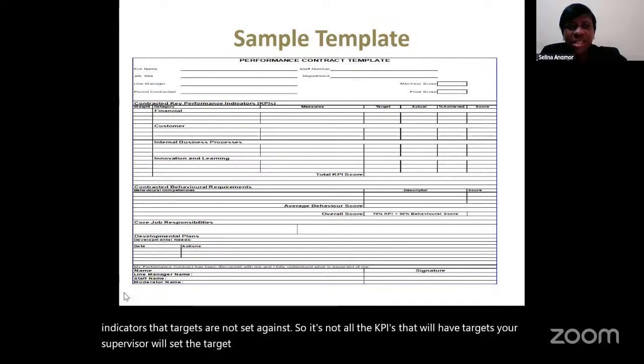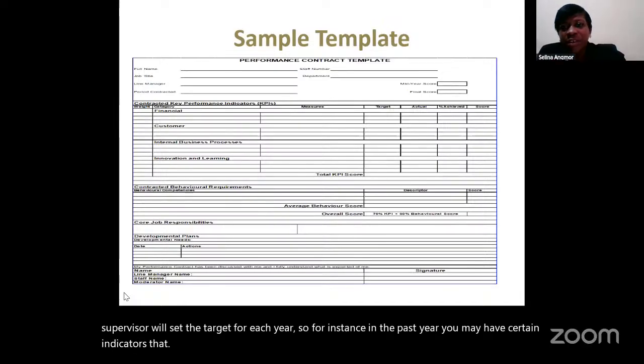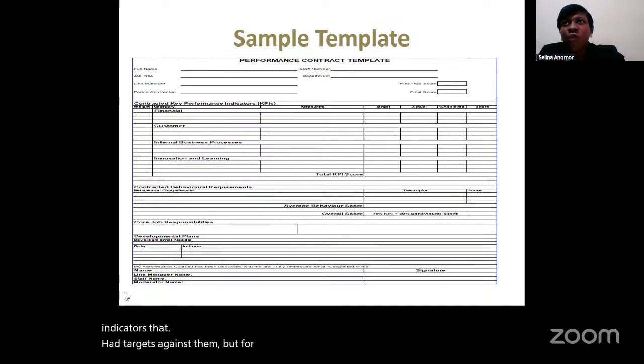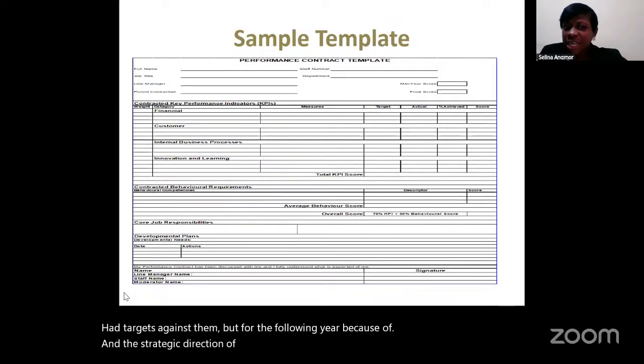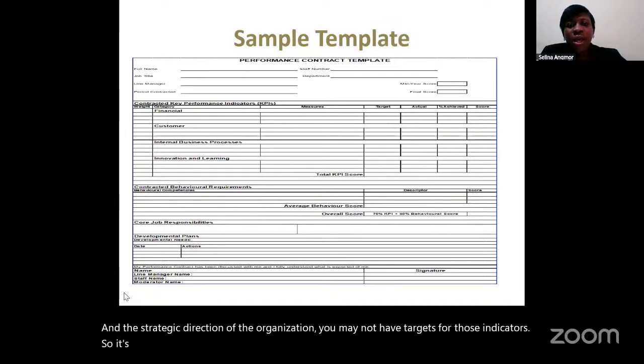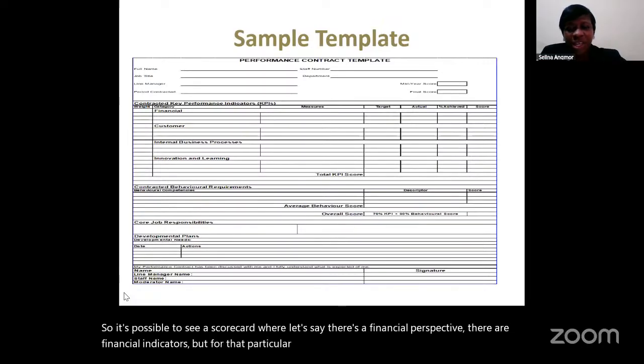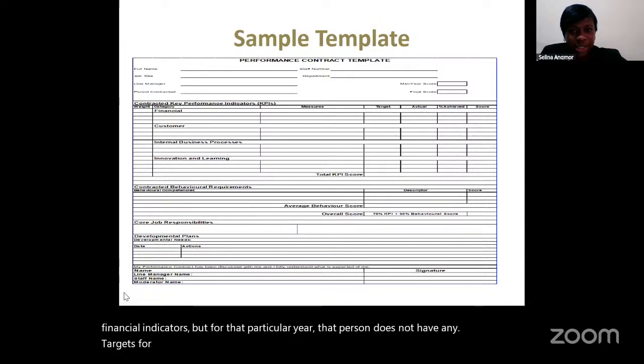So for instance, in the past year, you may have certain indicators that had targets against them, but for the following year, because of the strategic direction of the organization, you may not have targets for those indicators. So it's possible to see a scorecard where, let's say, there's a financial perspective, there are financial indicators, but for that particular year, that person does not have any targets for that particular indicator.